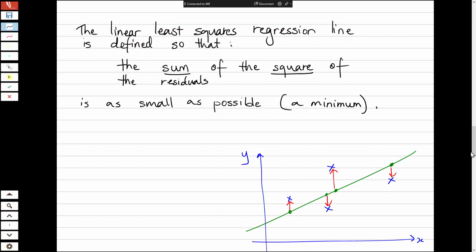Next year, you will be expected to know that. So I'll just give you a few moments to get that sentence down, and then I'm going to discuss that in the context of this graph here.